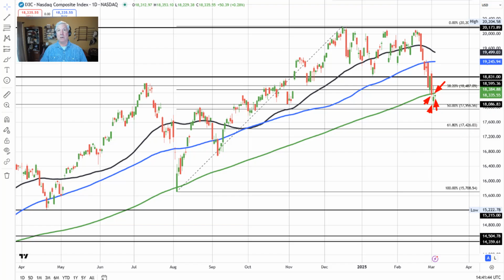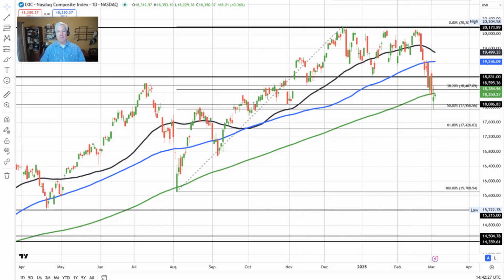The current price is trading near this 18335 level, and the high price today came in at 18353.10. So we've been able to stay below that 200-day moving average, and as long as the price can stay below that 200-day moving average, the sellers remain in play for the Nasdaq index. The buyers need to prove that they can take back control by moving above that level.